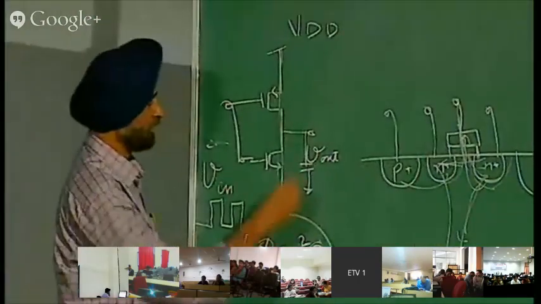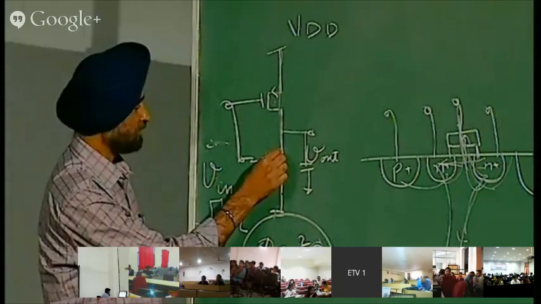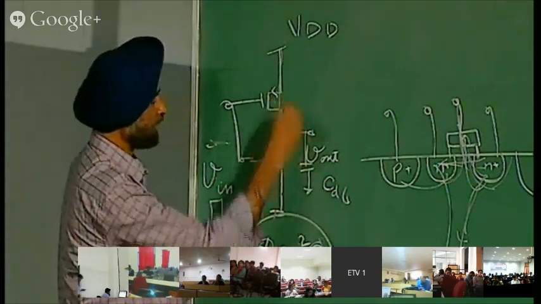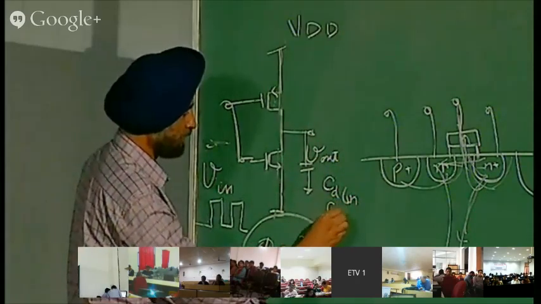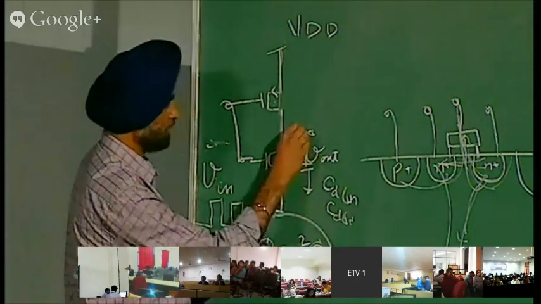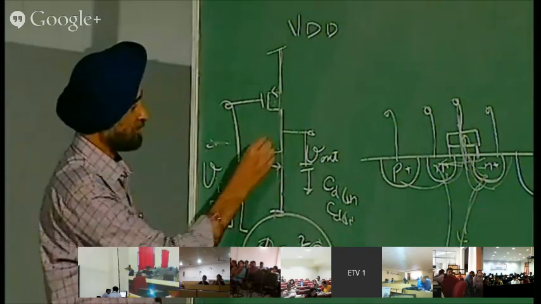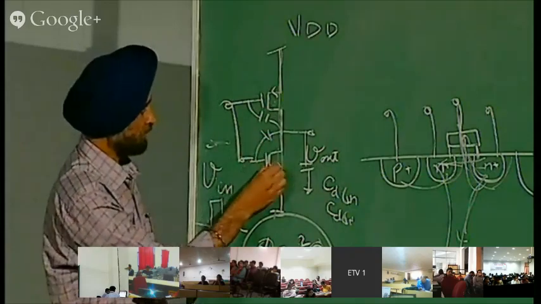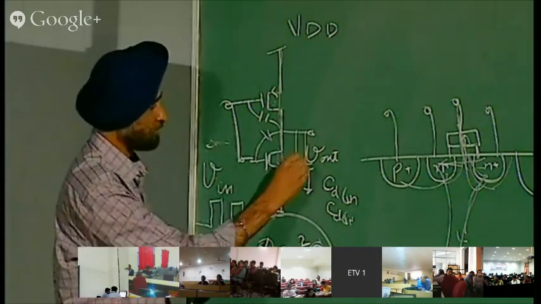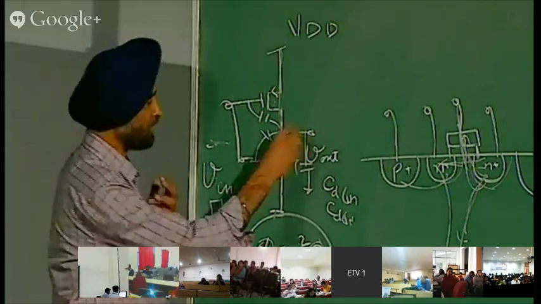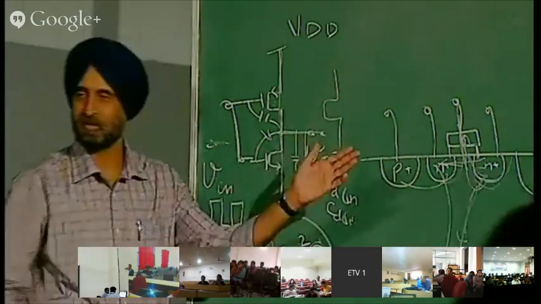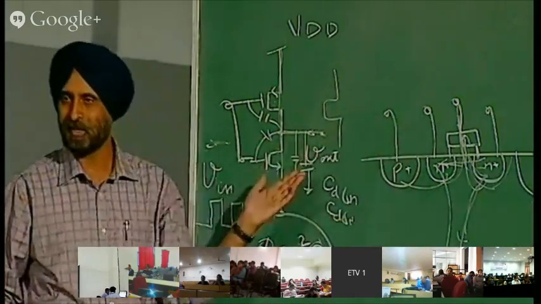This is the drain: there will be C drain to body of N, and drain to body of P. There is also a capacitance from gate to drain of this, and gate to drain of this. All these capacitances will be added. And in an IC, there will be some stage here also driving some transistor, so that transistor will also have an input capacitance.